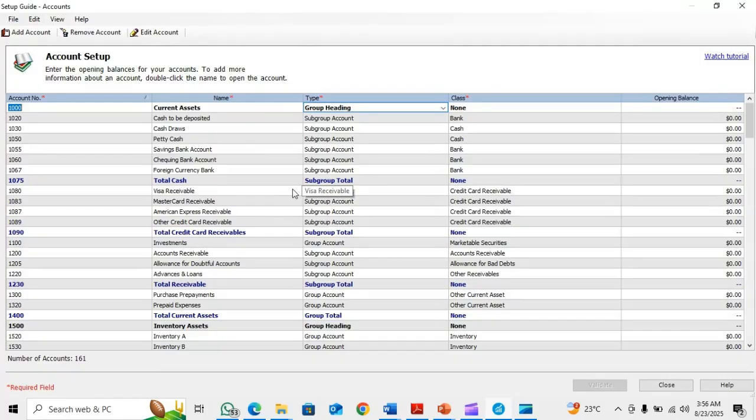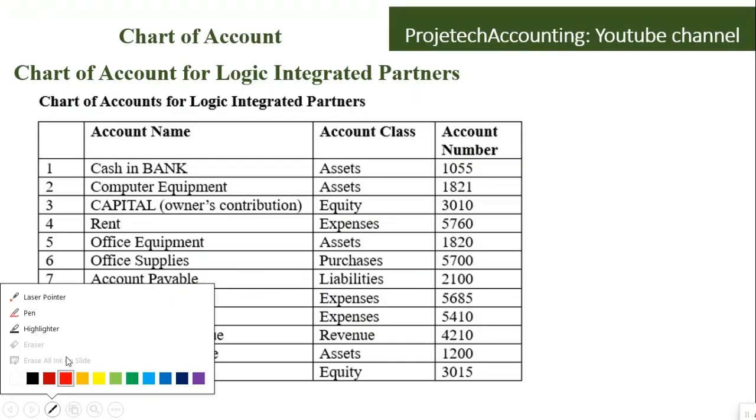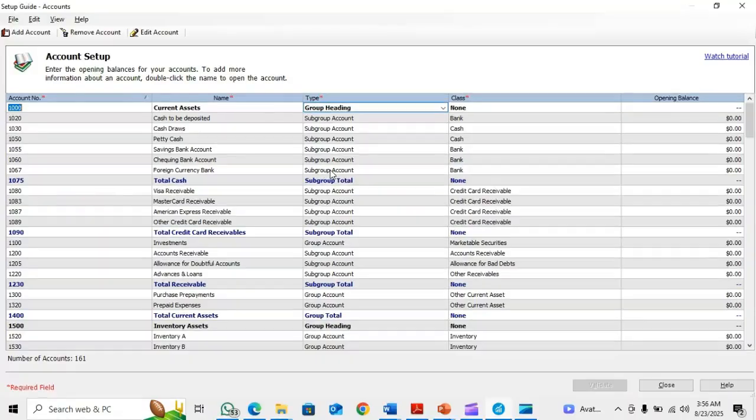Now the first account we're going to create is our cash in bank. This account is 1055, and it's an asset account. So we go to 1055, savings bank account.